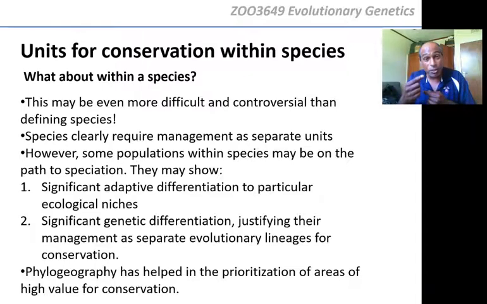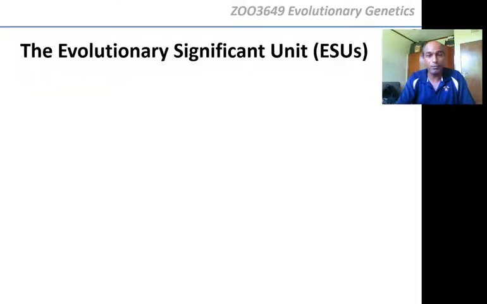And that information can also help to define units for conservation. The most famous unit, and the most significant, if I can use the word unit, for genetic conservation is the ESU, the Evolutionary Significant Unit.